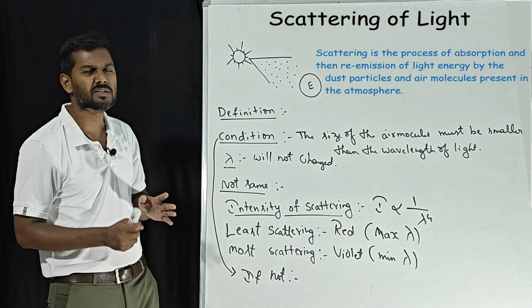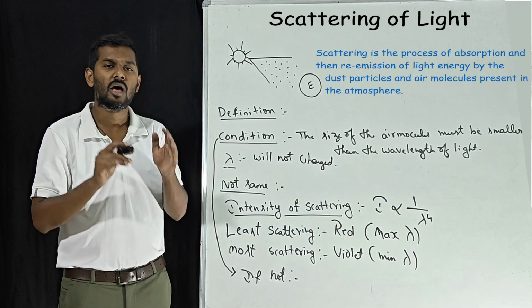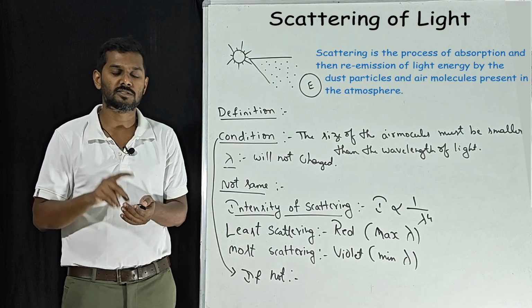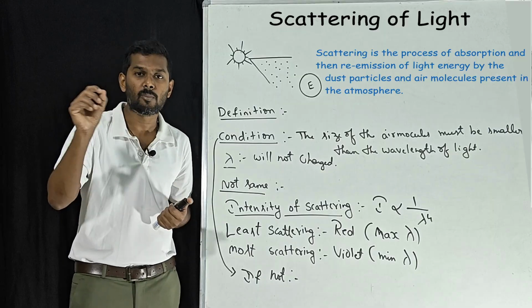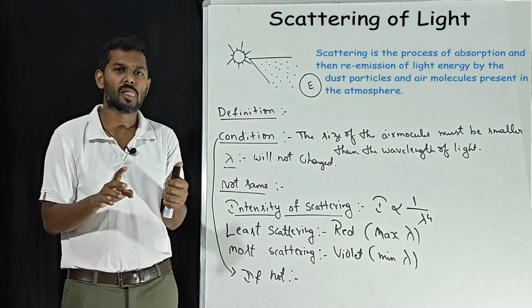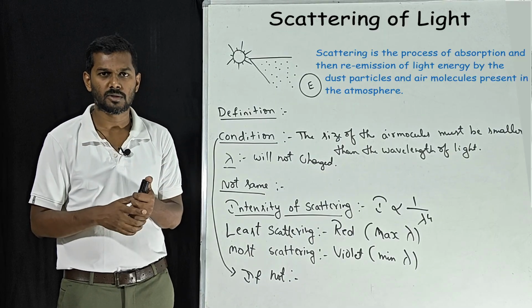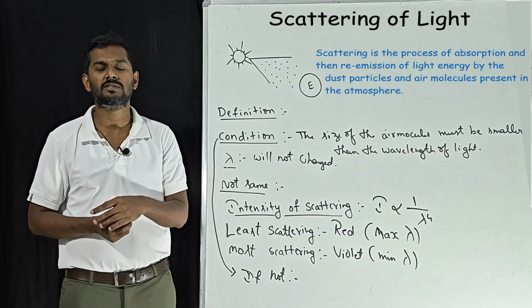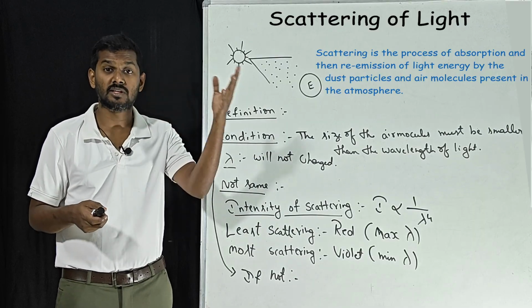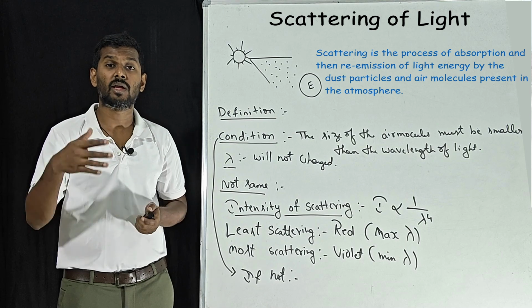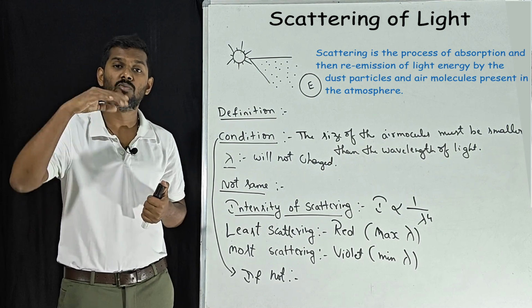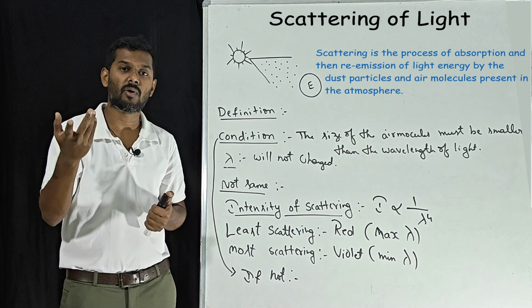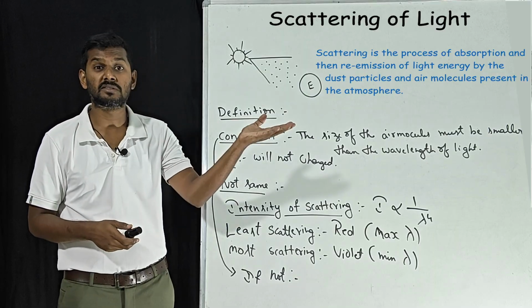So these are the basics of scattering. After this, we are going to learn some applications. Keep this in mind: the applications are mostly give-reason type questions. During sunset and sunrise, why is the color of the sky orange or red, why is the smoke color white, and why is space black?